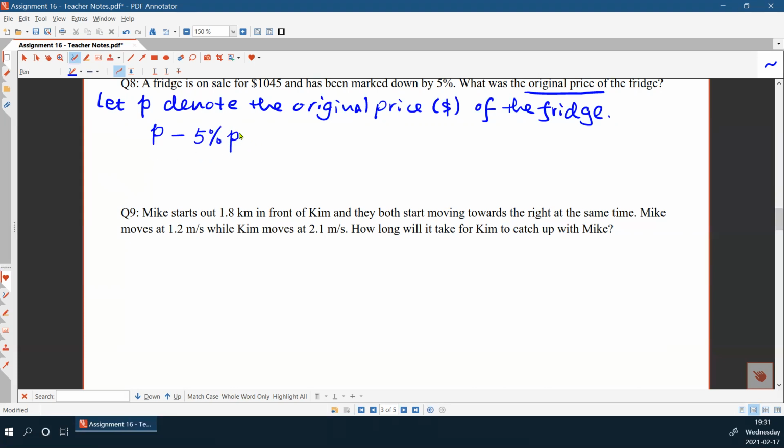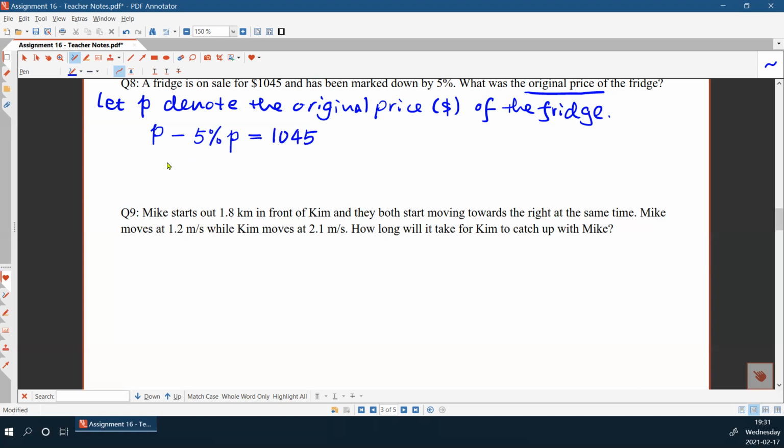Is this clearer now? P reduced by 5% of P equals the current price, right? Current price is 1045. Okay, I'll say it again. Original price is P. P is reduced by 5% of original price equals 1045, right?